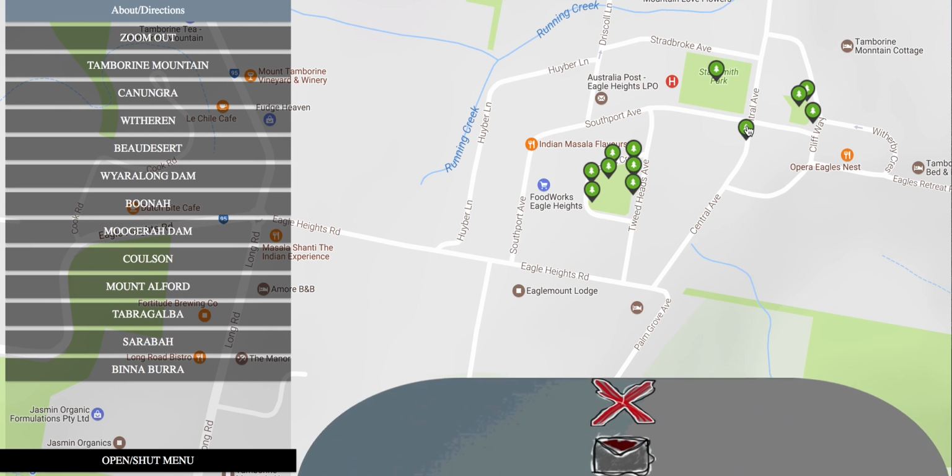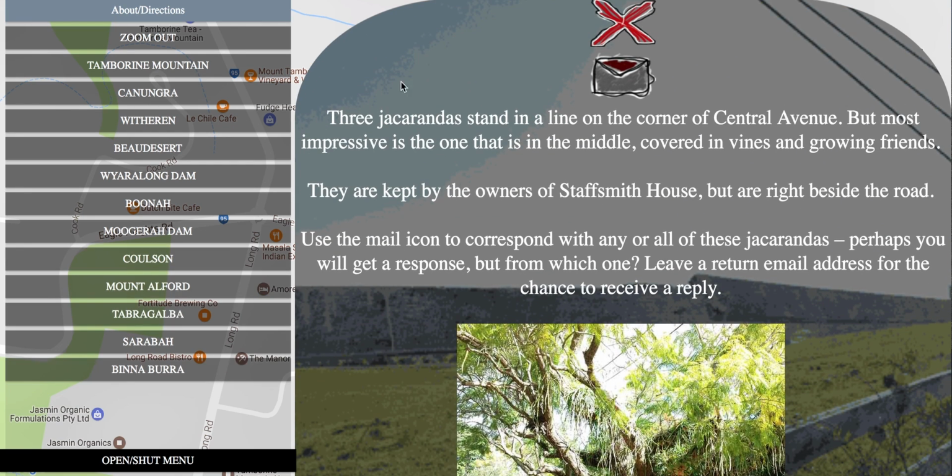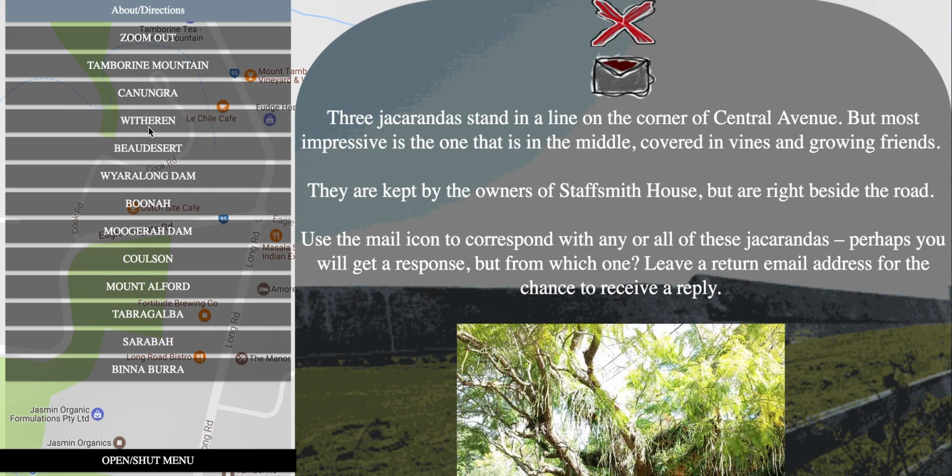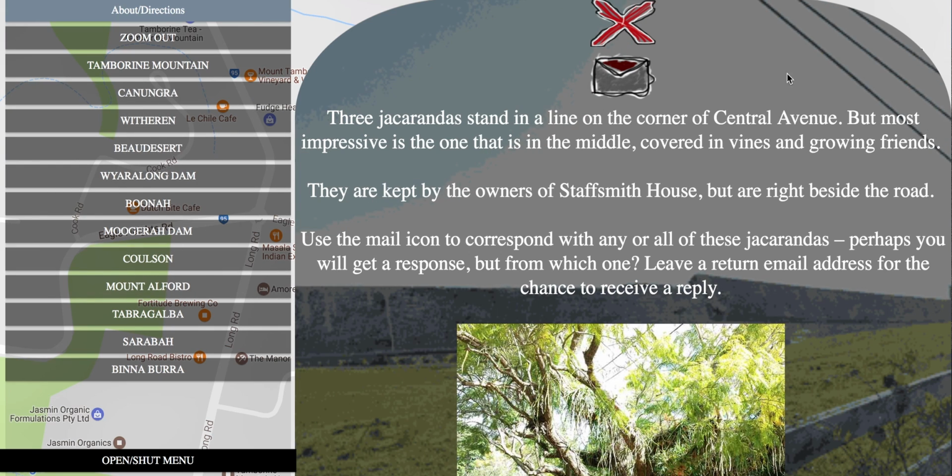But if I click on one of these nodes, it pops up this nice little page that comes up just here, and it doesn't overlap the map. Again, it's got this cool kind of slightly moving video background that's taken in the Scenic Rim, of course. It gives us a small selection of text, because also some people will be looking at this on their phone, so not too much text that explains the tree.